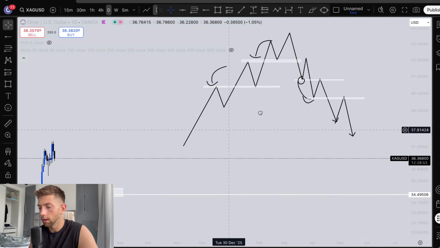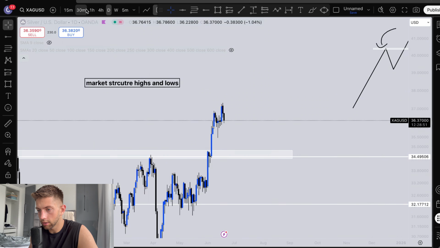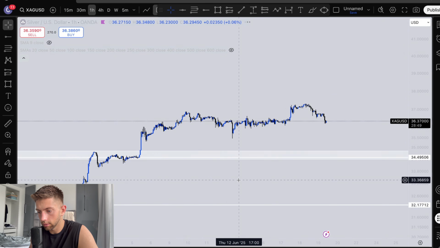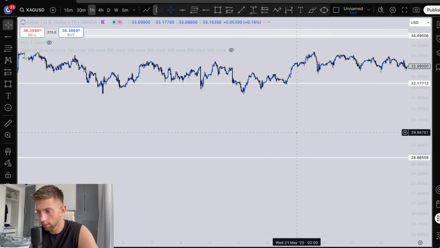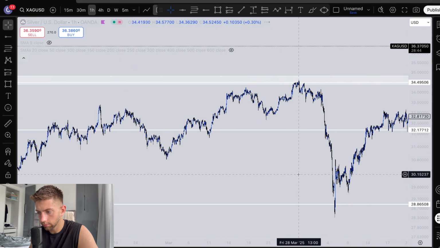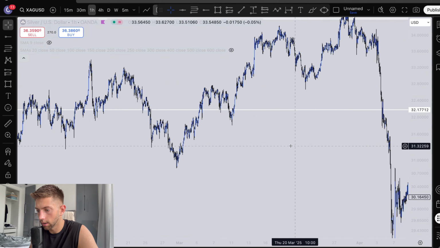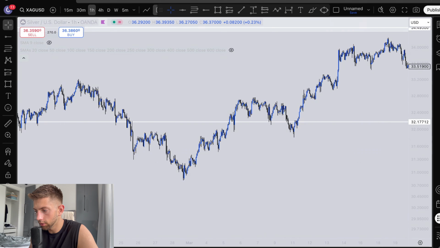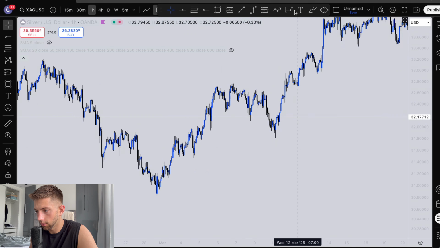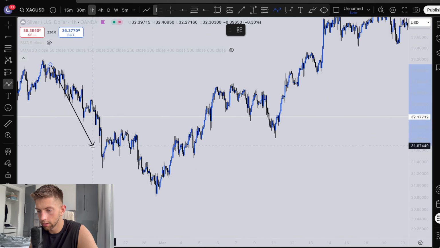Because let me show you some example. Okay, let's go on, let's say, an H1 chart. It's whatever. And let's go on silver right here. Okay, so if I'm gonna draw market structure on silver right here, I'll be drawing it like this.